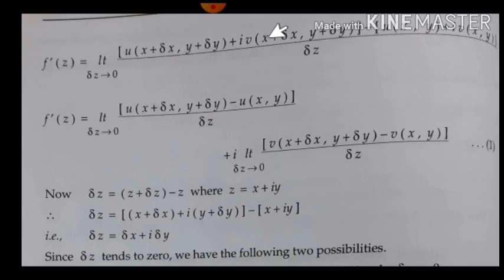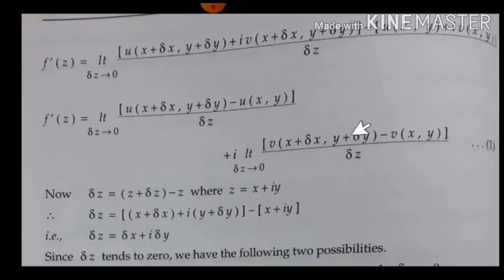Here we can separate the real part and the imaginary part. The real part means without i. So u of this term minus u of this, divided by delta z, plus the imaginary term with i taken common, limit delta z tends to 0, v of this term minus v of x comma y.